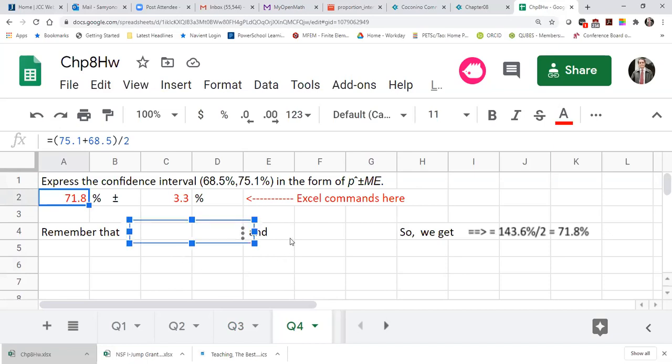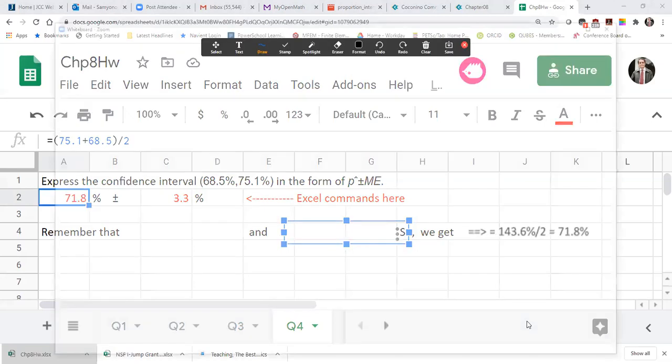Yeah, I think there is something here that is not transferred to the Google Sheet. So I will show you in the whiteboard here for number 4.